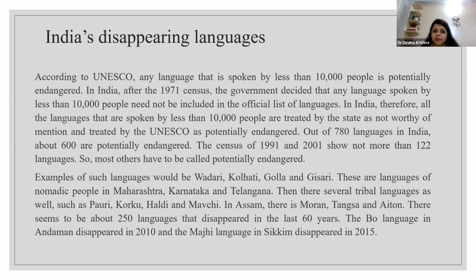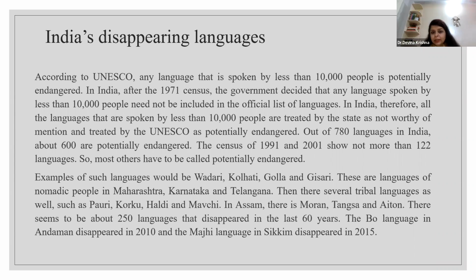Then we have definitely endangered, where children no longer learn the language as the mother tongue in the home. Then we have severely endangered, where the language is spoken by grandparents and older generations, while the parent generation understands it but does not speak it to children or among themselves.